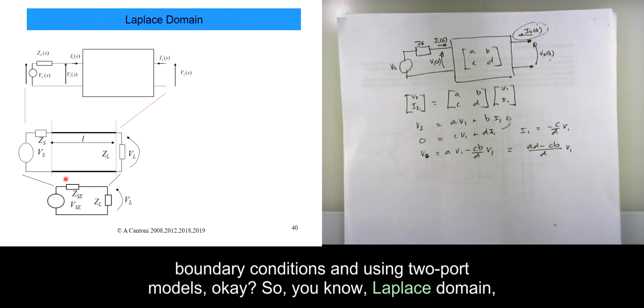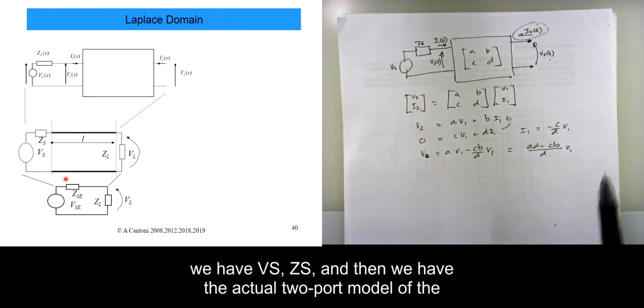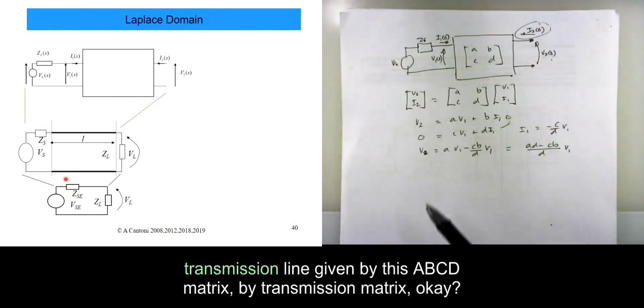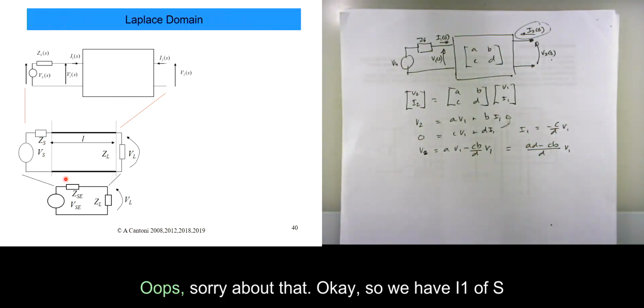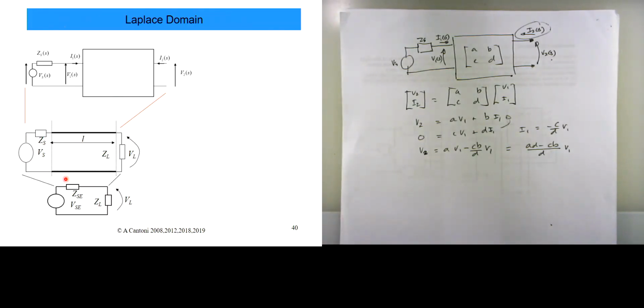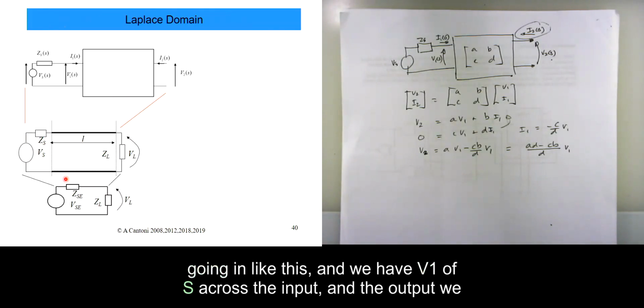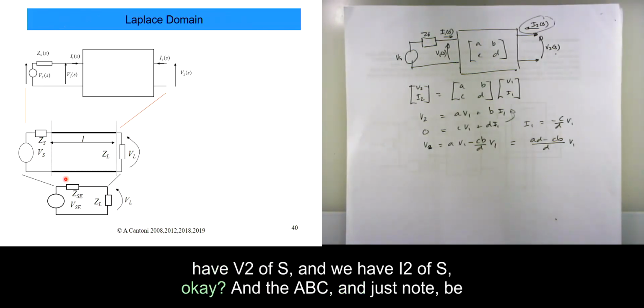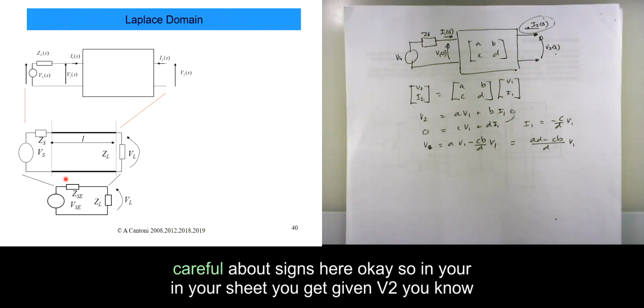So in the Laplace domain we have VS, we have ZS, and then we have the two-port model of the transmission line given by this ABCD transmission matrix. We have I1 of S going in, V1 of S across the input, and at the output we have V2 of S and I2 of S. Just be careful about the signs here.